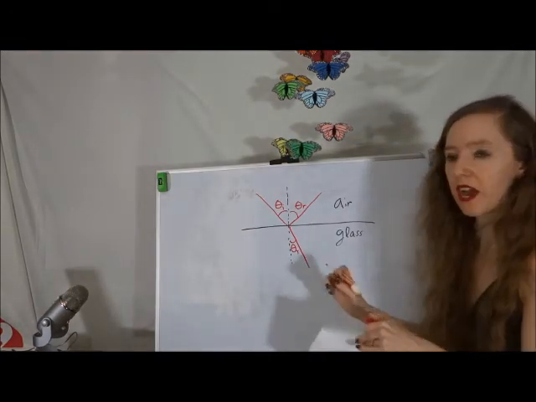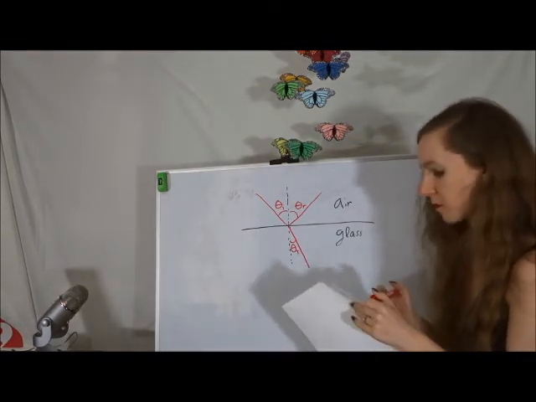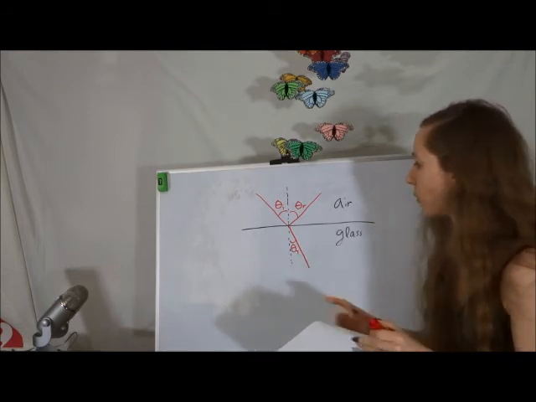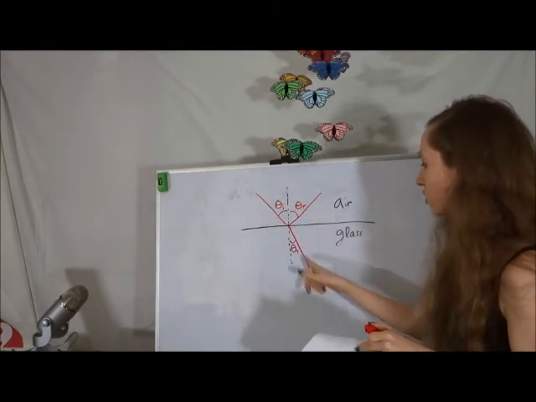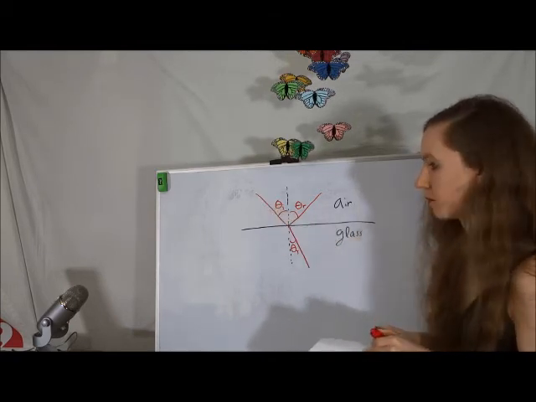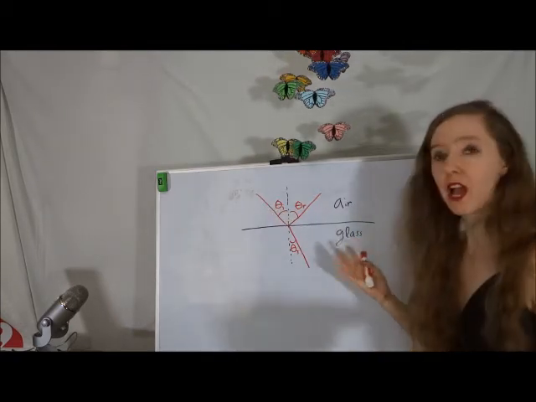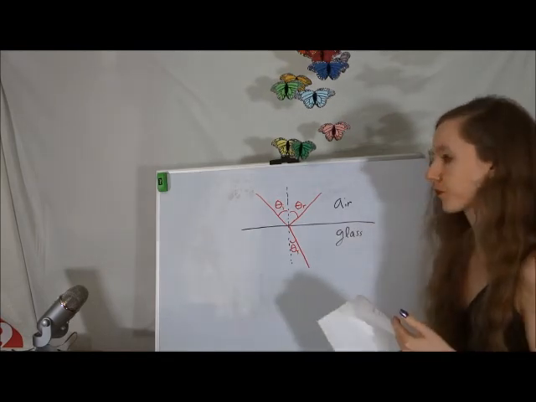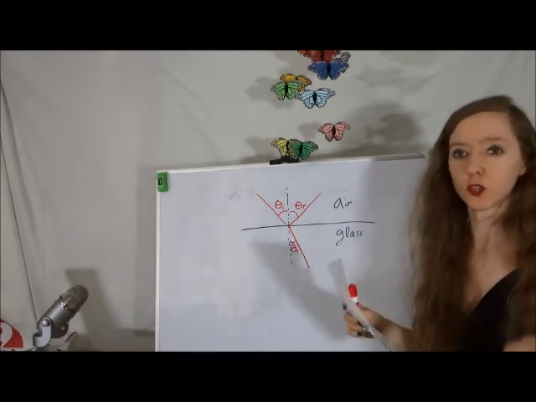Now the tricky thing about refraction or transmission is that the angle is going to change. So when the light passes into the material, we're no longer going to have the same angle we had before. So how can we relate our two angles? Well, they're related through what's called Snell's law.